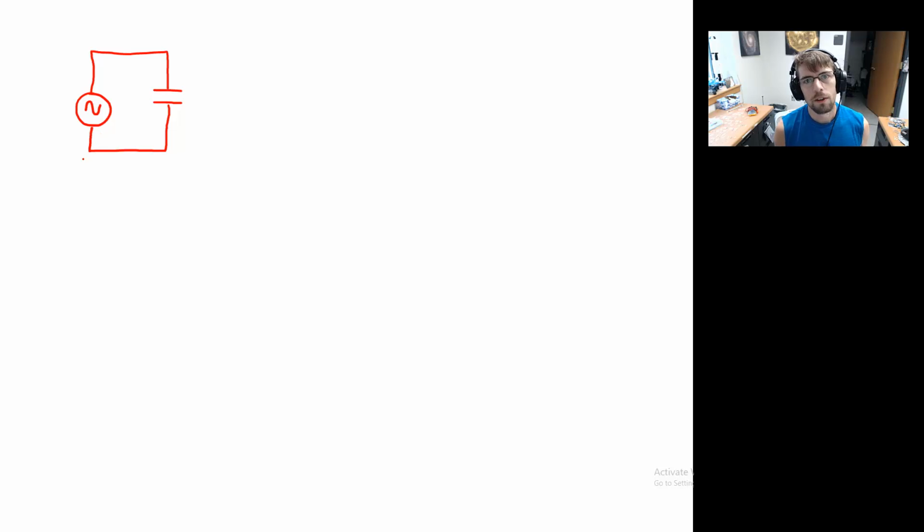Okay. So take a moment, see if you can get the expression for the current. I guess you could do the charge as well, but let's say the current running through the capacitor. You got it?